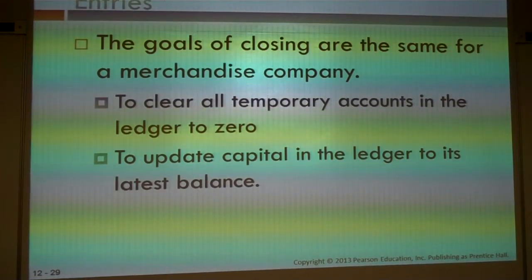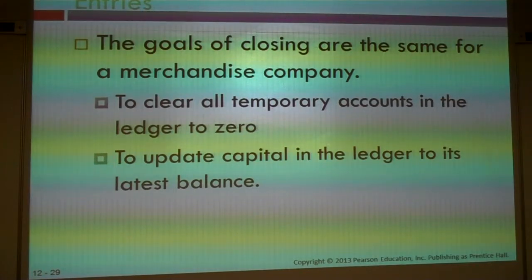We want to match the revenue with expenses, and if we don't keep things current, then we can't make that comparison.